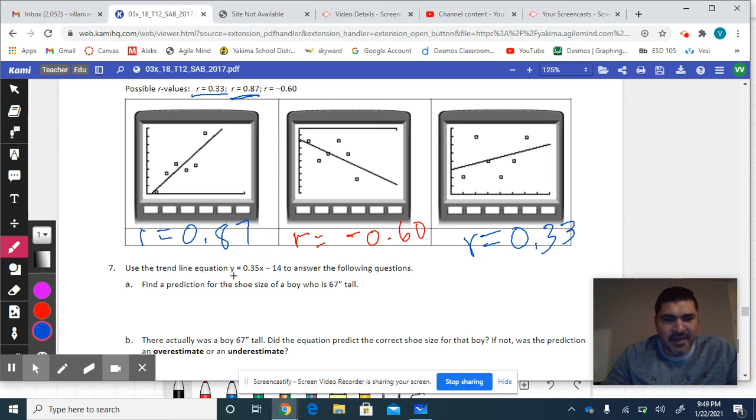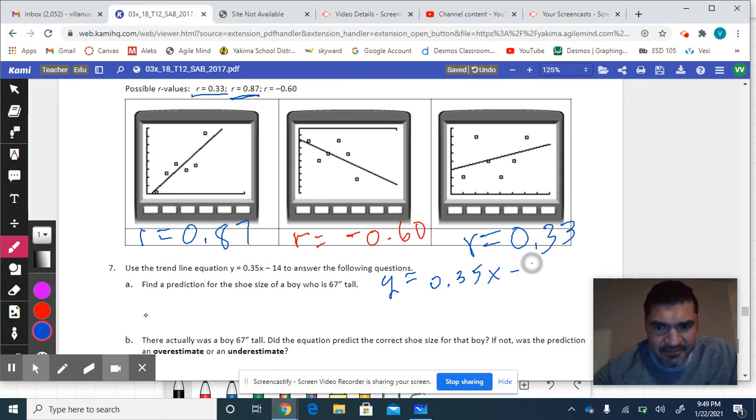Okay, so we know that y is going to be the shoe size, and we know that x is the boy's height. So to write this equation, we're going to write y equals 0.35x minus 14.